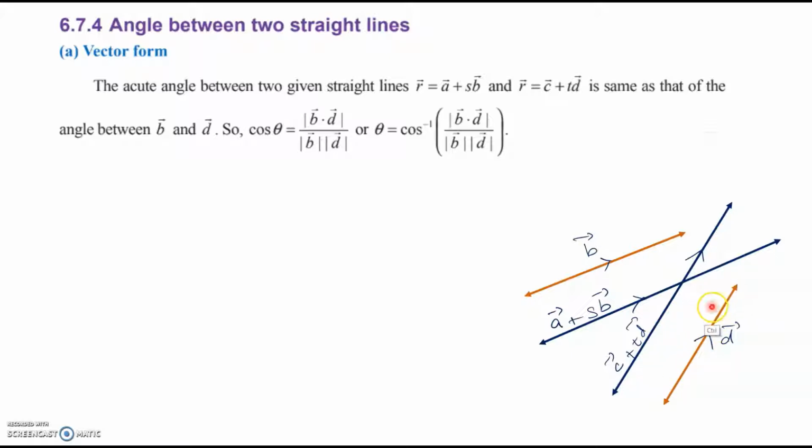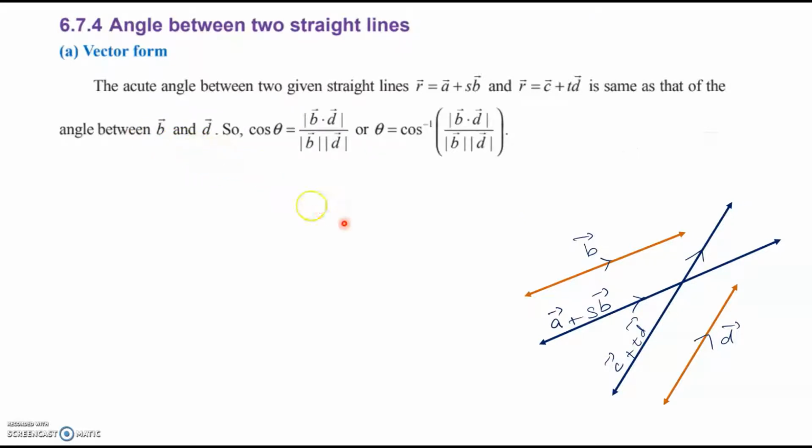So we can see that a plus s b vector, since we have b here, so this line will be parallel to b vector. Similarly, c vector plus t d vector will be parallel to vector d. So that's what we have here.